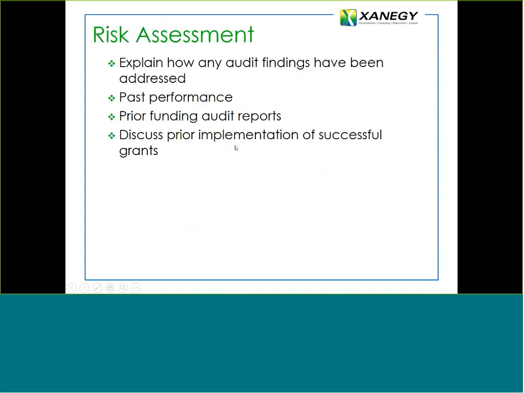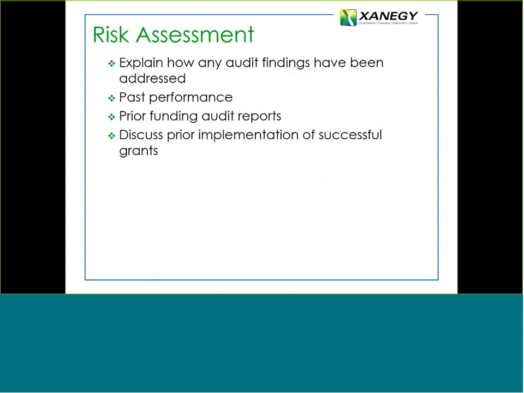So that said, we'll take a minute and go through the different best practices, and one of those now is a risk assessment, which needs to be included when you're applying for a grant. In that risk assessment, you're basically telling the grantor, hey, you have very little risk in giving us this money.